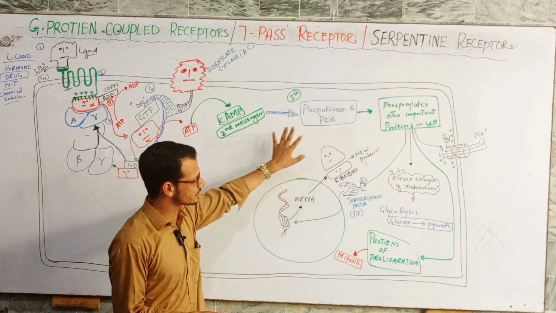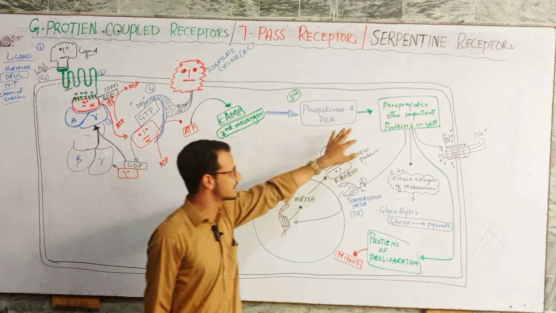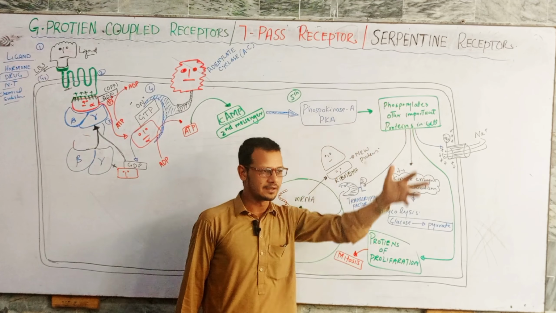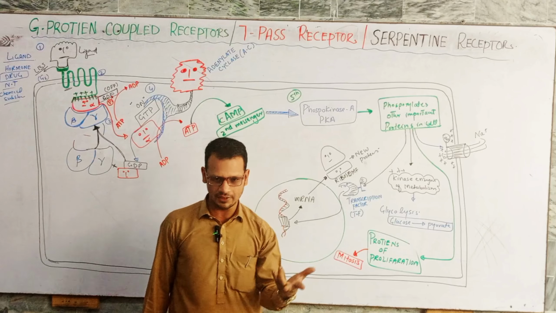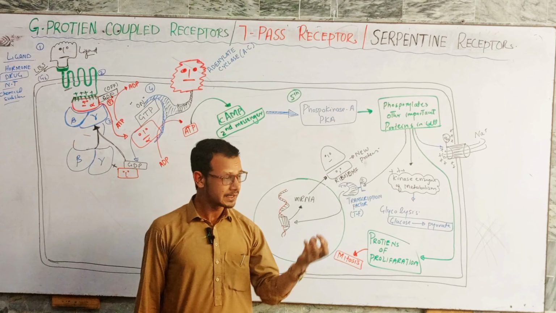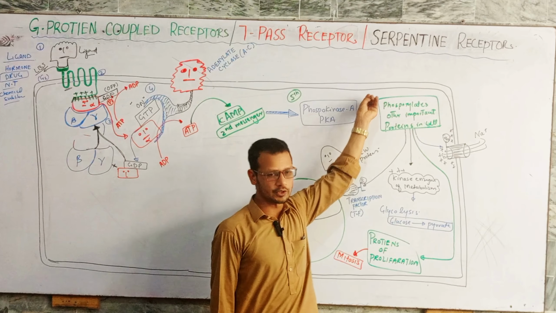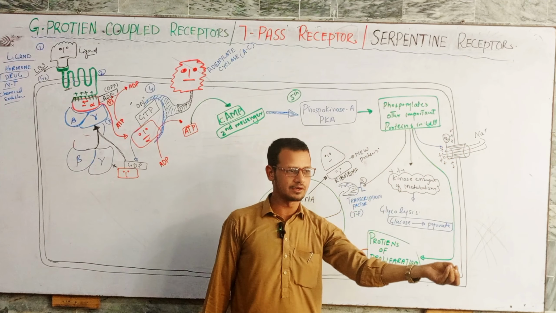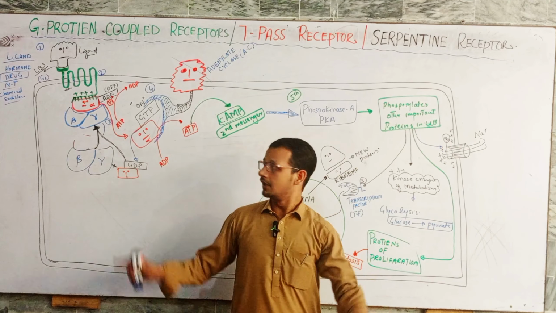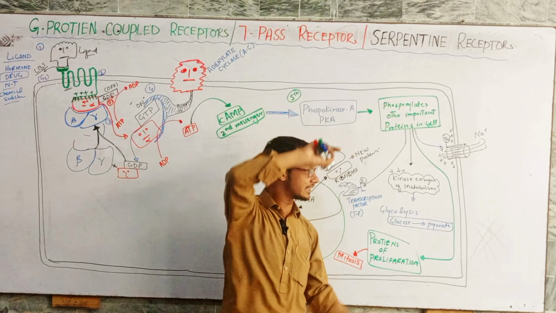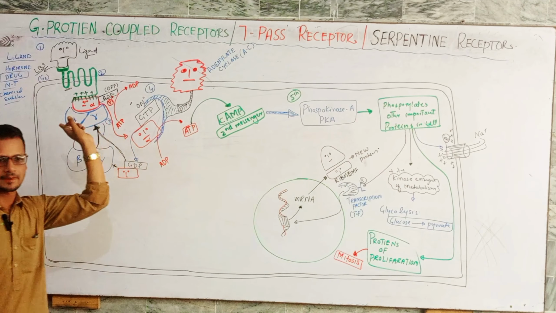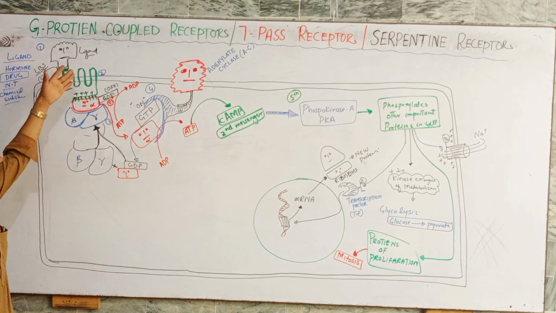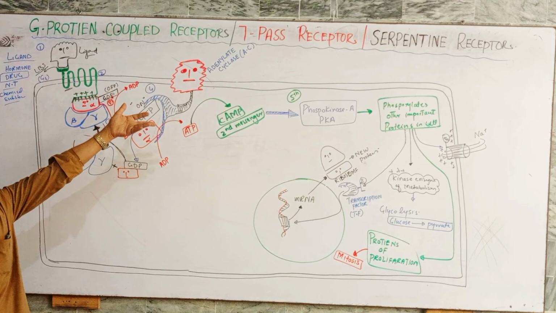So many other changes occur due to this phosphokinase. For example, the release of calcium from the endoplasmic reticulum, the outing of potassium ions from the cell, right? The Krebs cycle and all other metabolic activities are activated by this pathway, and this pathway is called the GS pathway, or G protein coupled receptor stimulatory pathway, right?